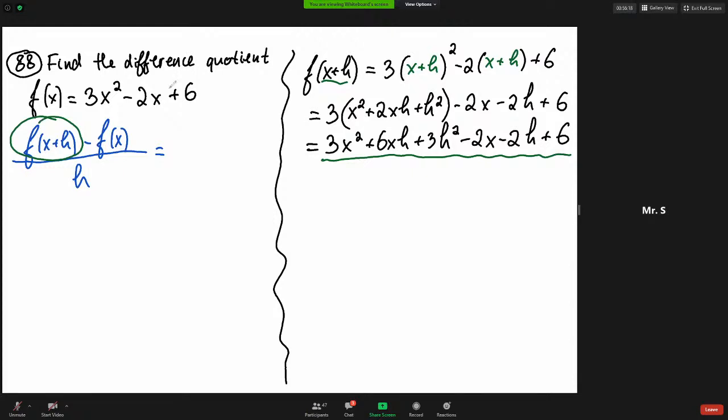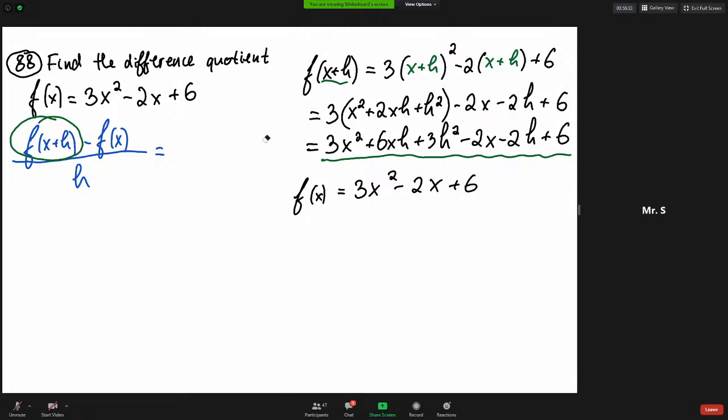f of x, I already know that, so I'm still going to write it out here. f of x is 3x squared minus 2x plus 6. That was already given to me. And then, of course, h is just h. h is a single variable, so that shouldn't be too bad. So this is my scratch work over here. Now for my neat work, I'm going to say that this equals the following.